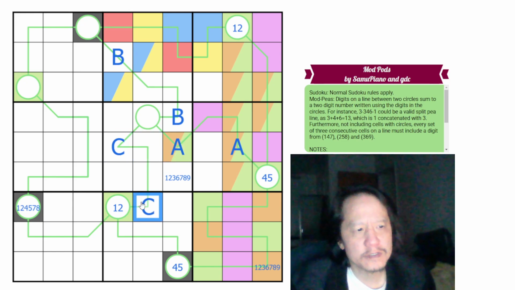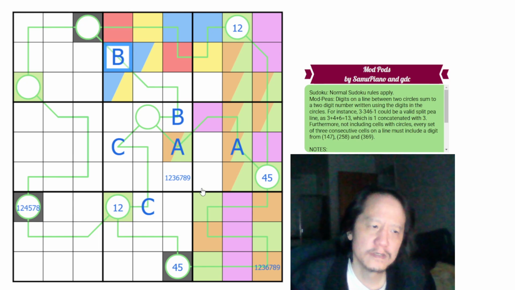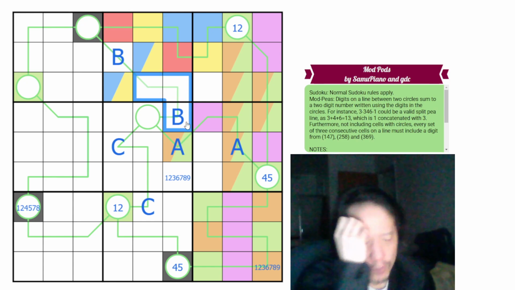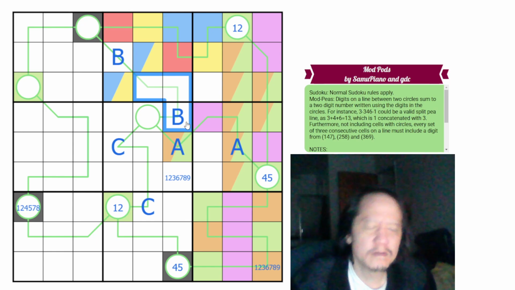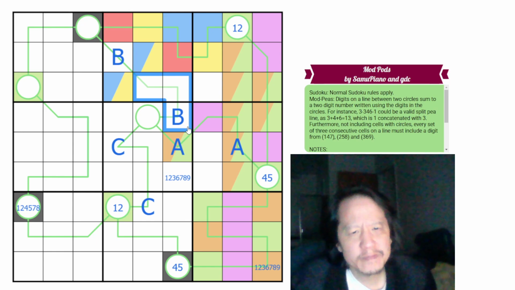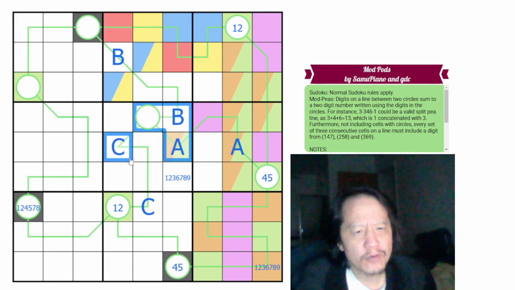This has to be the same set as this. This has to be the same set as this. And therefore it's 0 mod 3, 1 mod 3, and 2 mod 3. All of them. And then that doesn't make any sense. Yeah, we have a problem there.